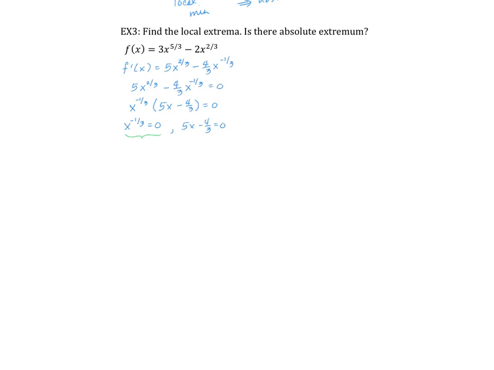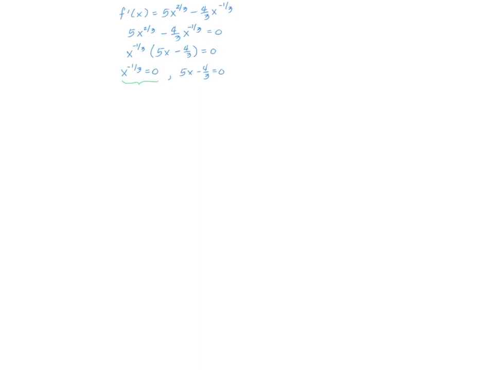Now x to the negative 1/3, remember, is 1 over x to the positive 1/3, and that's never equal to 0. However, if x is 0, then it's undefined. So x equal to 0 is a critical point, because that's where my derivative is undefined.